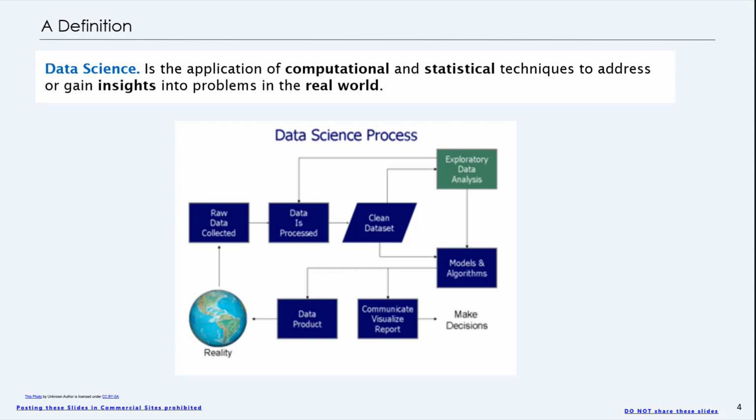Once we are happy, we will create models and algorithms and communicate that to the world. And then eventually your goal is to take this model, integrate into a data product, and perhaps market it to the world so that reality can be tested using this model.